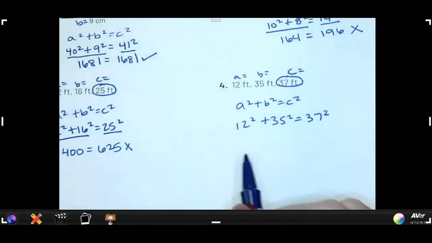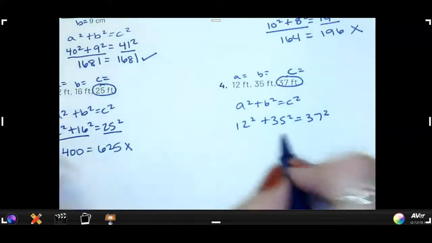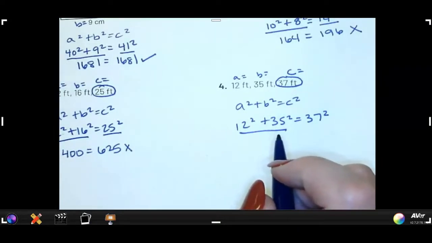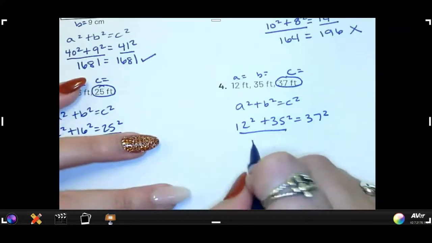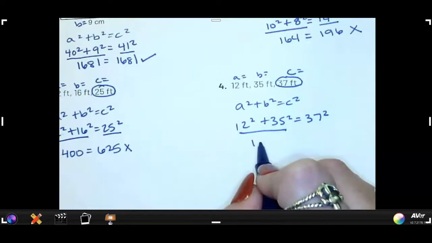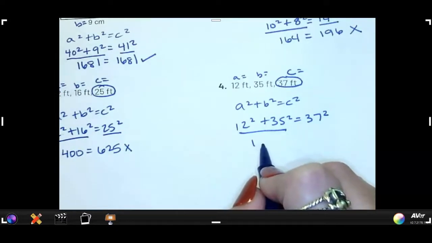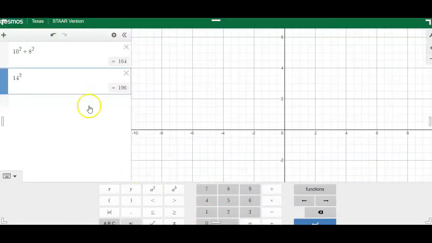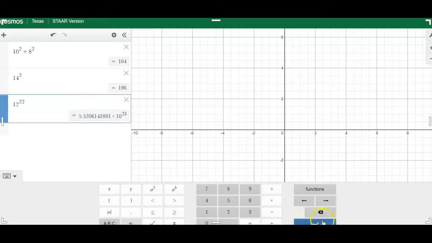a right triangle. Okay, so 12 squared plus 35 squared gives us... 12 squared plus 35 squared.